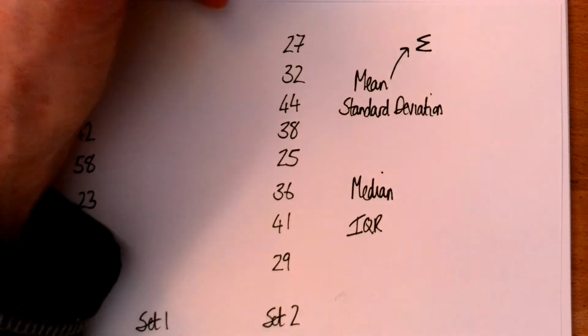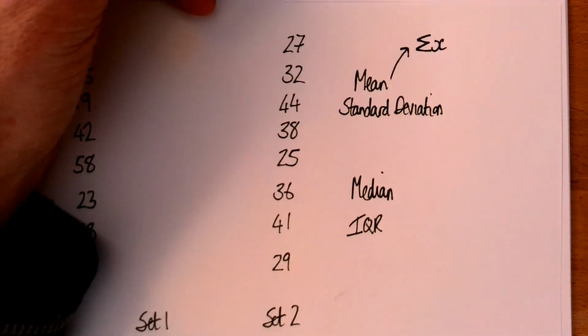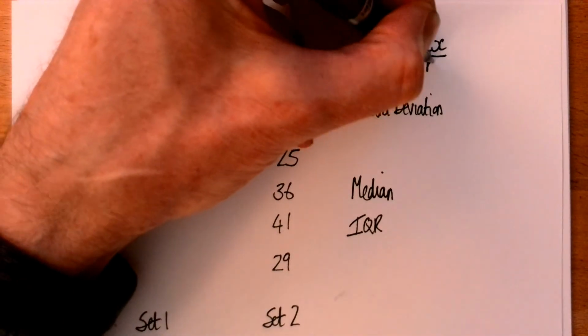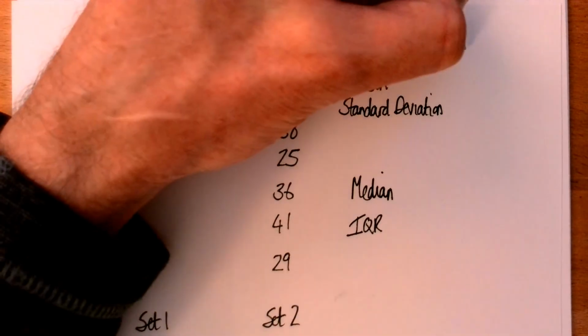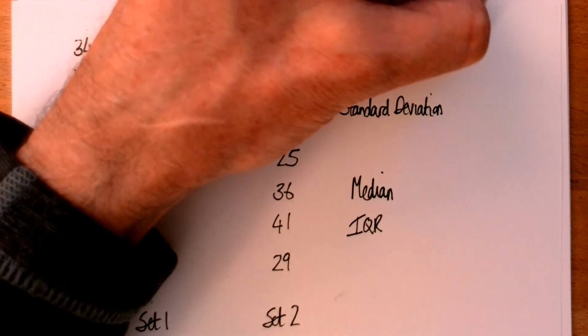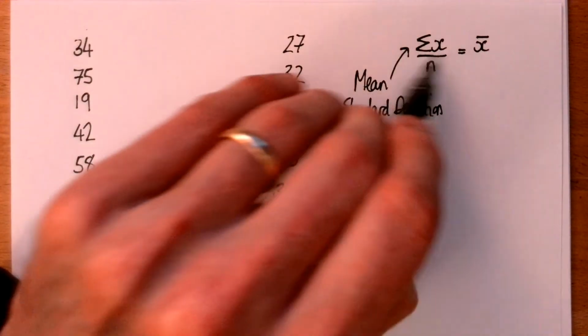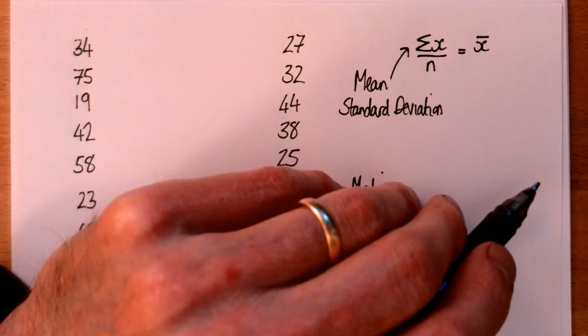So to add up all the values, we call that sigma x. We say that's just the total of all the values. And we divide that by how many values, and we tend to use letter n to stand for the number of values. And we have a notation for the mean. We call the mean x bar. So this is the mean, and to work out the mean you add up all the values and divide by how many values there are.